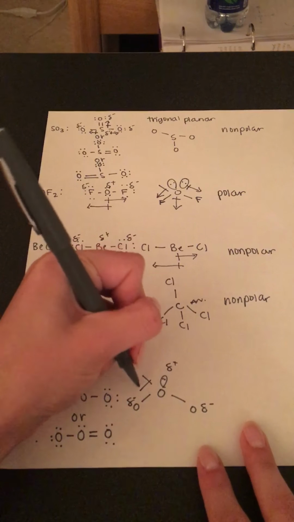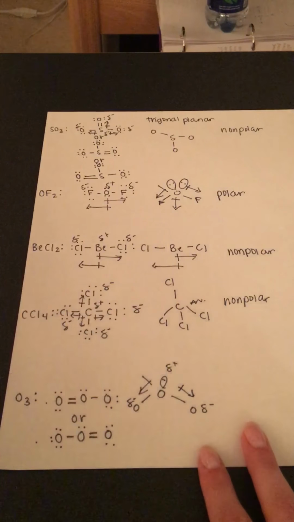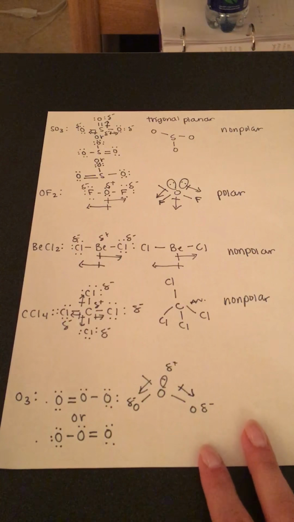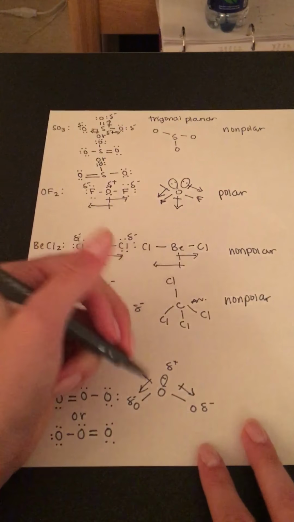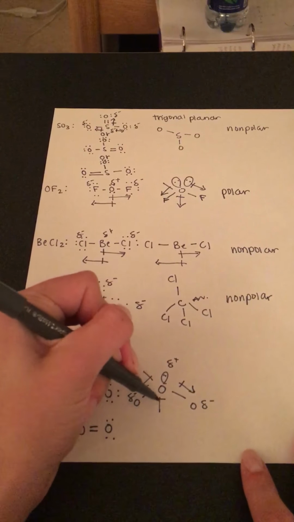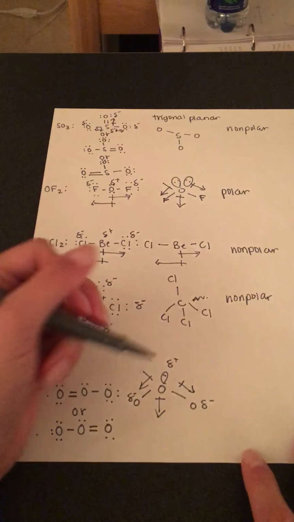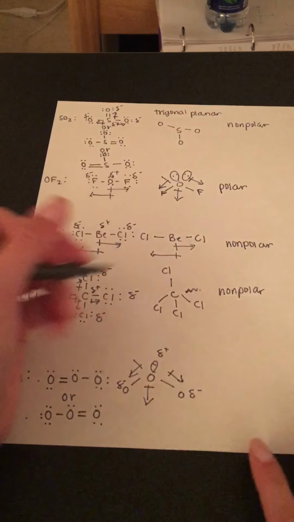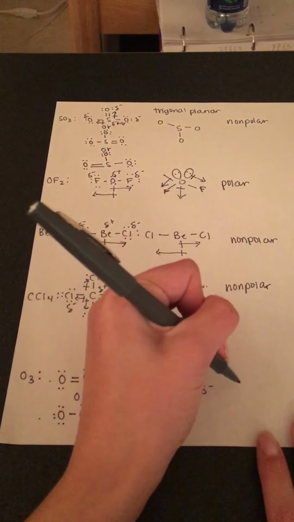So that means that the dipoles are going to go towards the bottom O's. So there is going to be a net molecular dipole because they don't cancel out when you add them together. So O3 is a polar molecule.